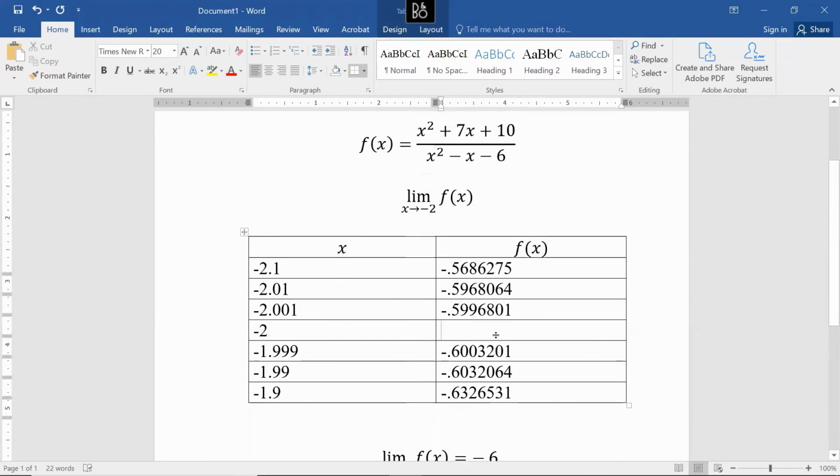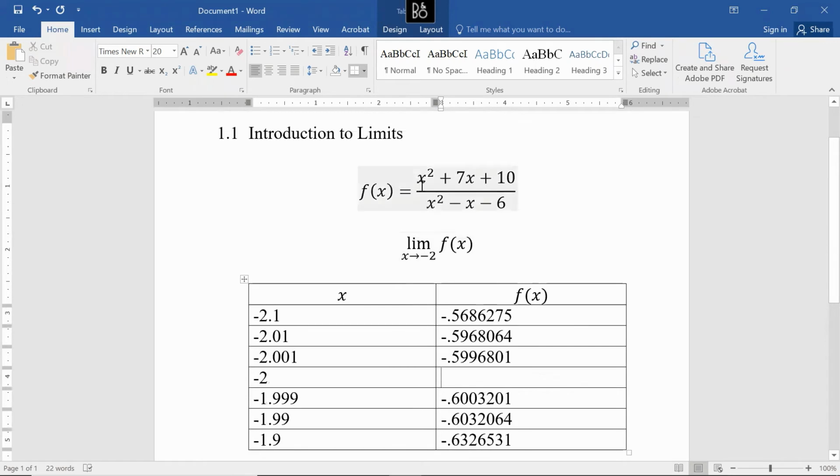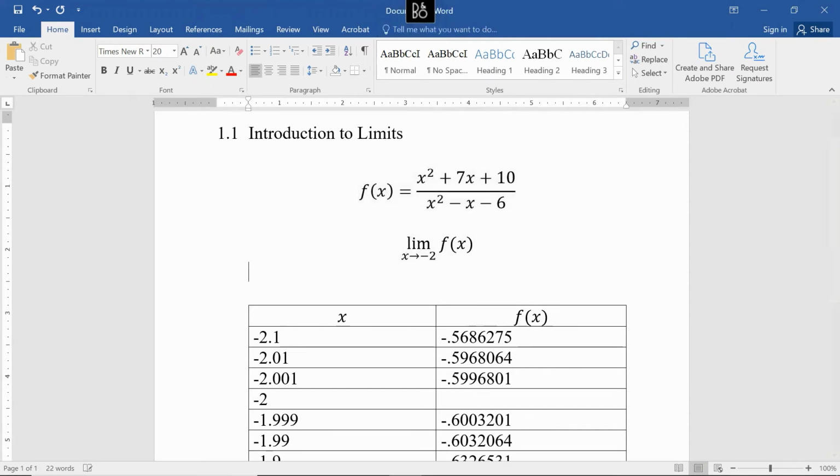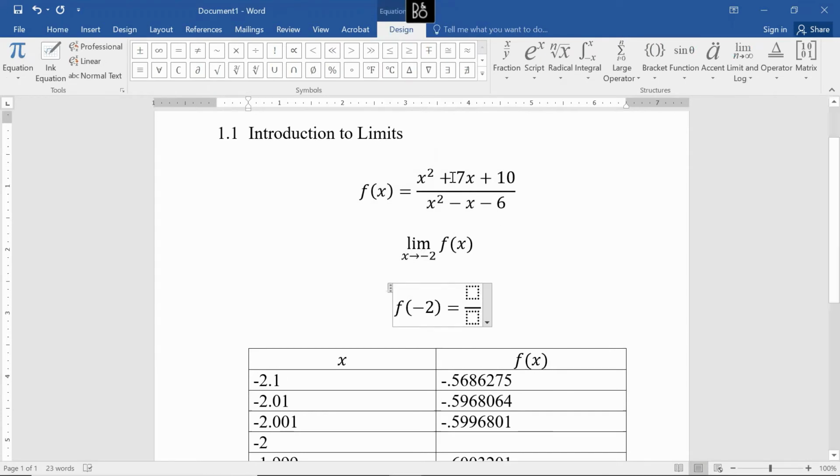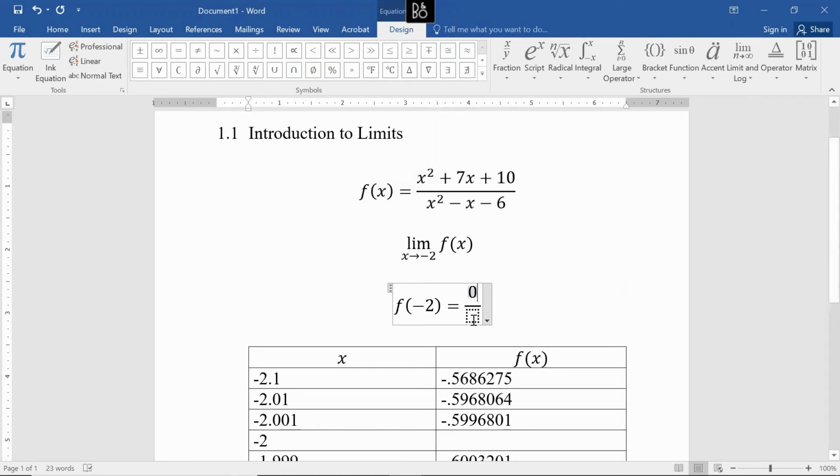Now, here's the interesting thing numerically about this function. If you were to plug in negative 2, go ahead and do that for the top. The top would turn out to be 0, and the bottom would also turn out to be 0.